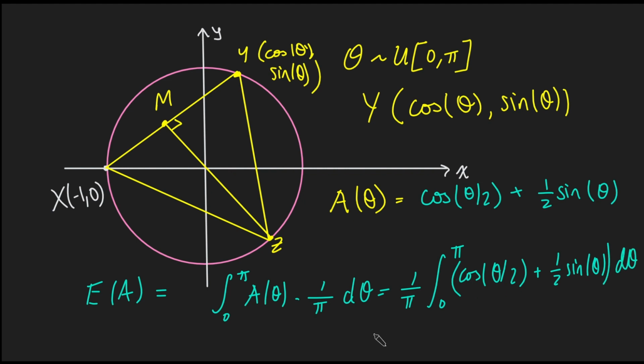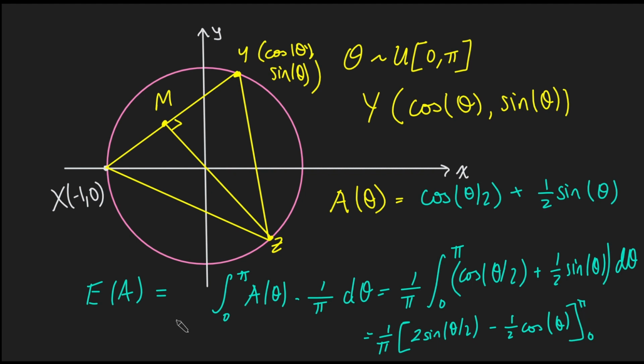And we can just evaluate this. This is 1 over pi times the integral of cos theta over 2, which is just going to be 2 sine of theta over 2, and then plus a half sine theta, that will integrate to minus a half cos theta, like so, between pi and 0. When I plug in pi, 2 sine of pi over 2 is 2, minus a half cos of pi, well, cos of pi is minus 1, so this will be 2 plus a half, so that's going to be 2.5.